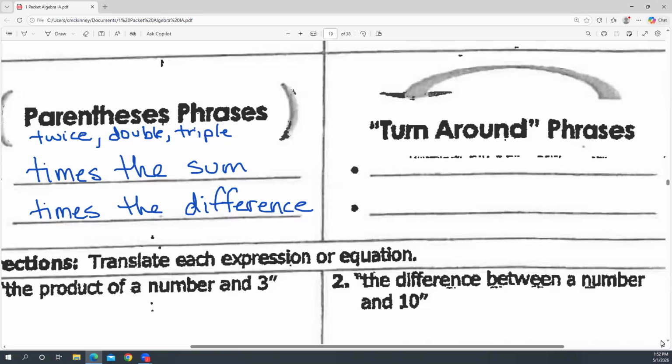And then we have some turnaround phrases that we actually listed above in our subtraction examples. The most common of those are less than, and subtracted from.